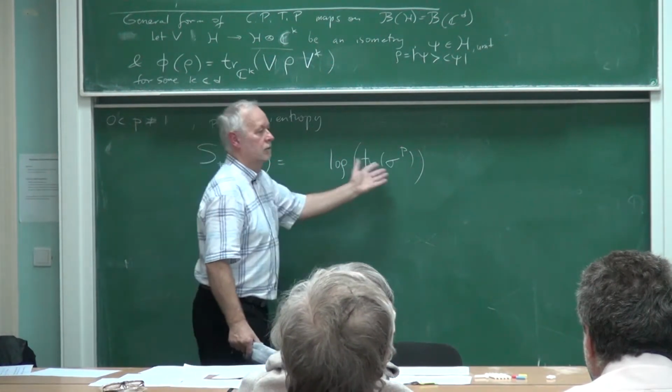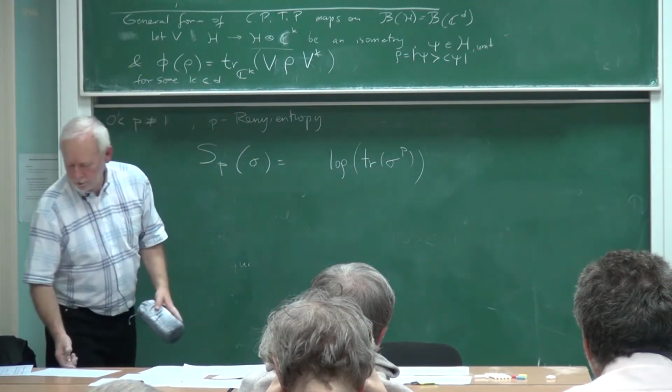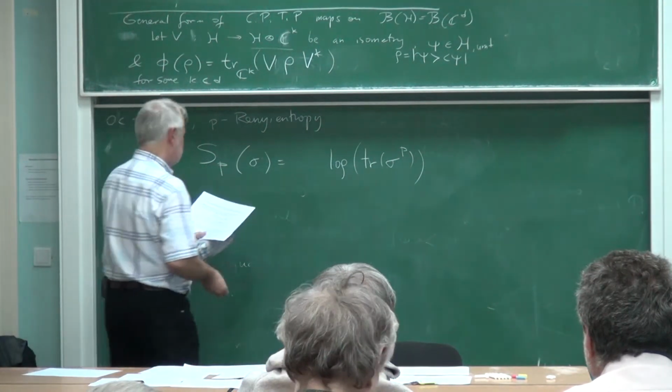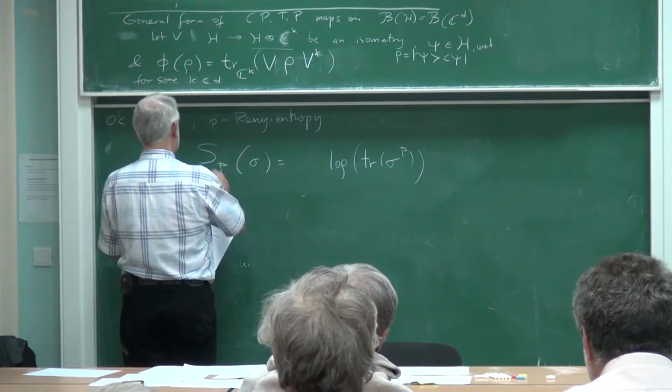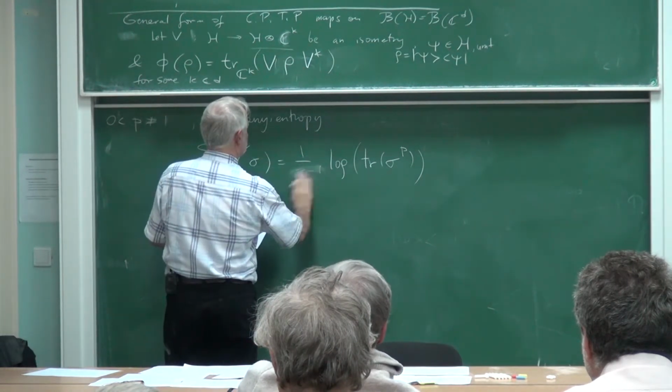Then you take the trace, then you take the logarithm of the trace, and then for good measure, you add a normalizing factor, which is 1 over 1 minus p.